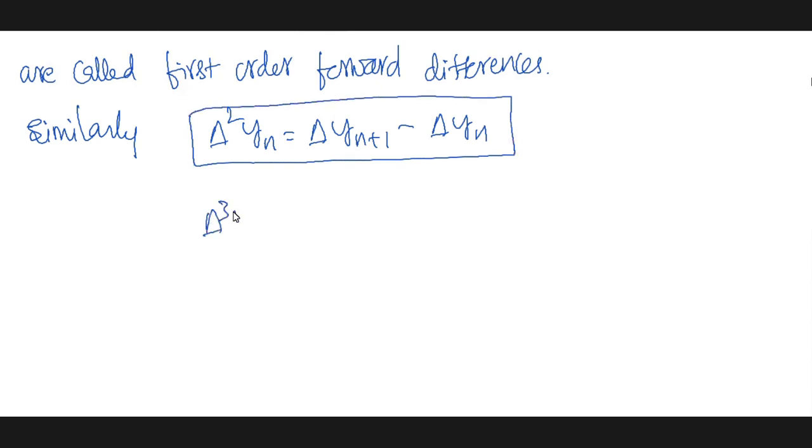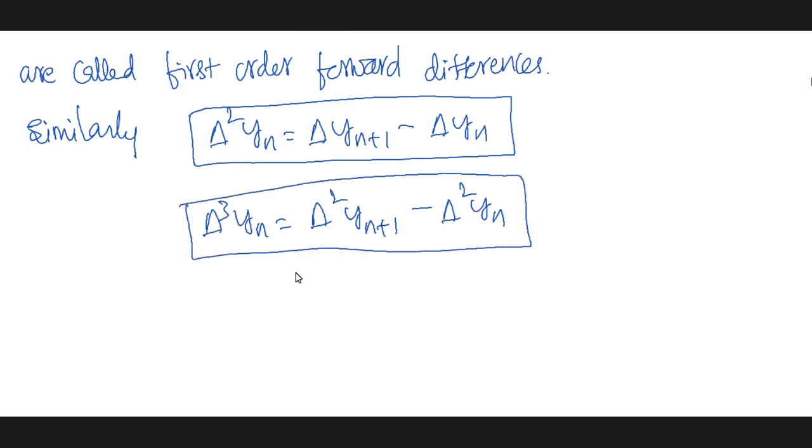Delta cube yn is equal to delta square yn plus 1 minus delta square yn. What is delta power r yn? Delta power r minus 1 yn plus 1 minus delta power r minus 1 yn.